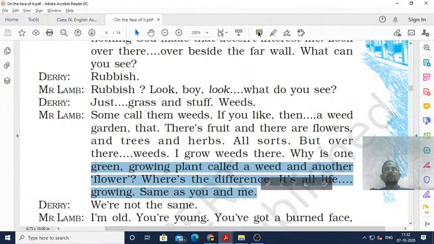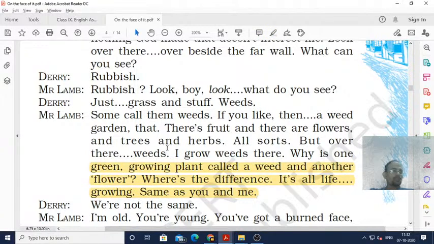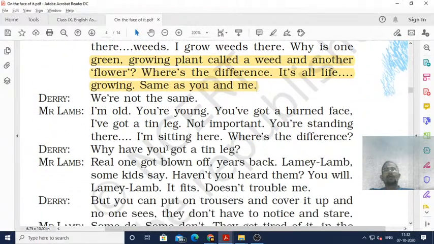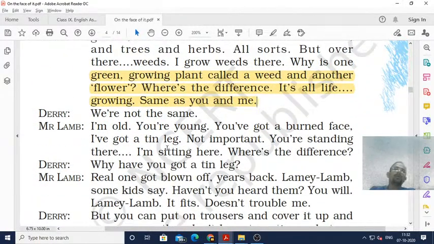So dear students, this is a very beautiful sentence. It needs highlighting because it's a very educative, motivational, philosophical sentence. You've got to learn this. This is very interesting.